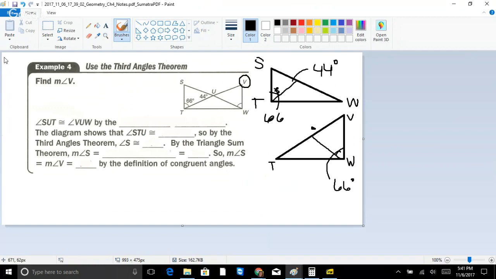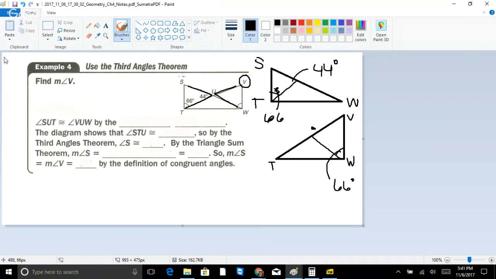The first thing that they start off with is the fact that angle SUT is congruent to angle VUW. So we know that these two angles I just drew are congruent to each other. And why?